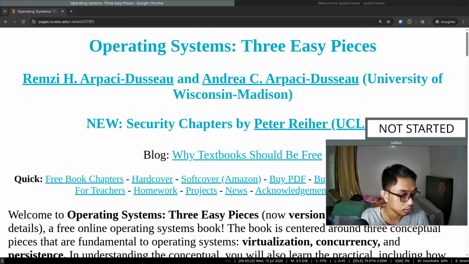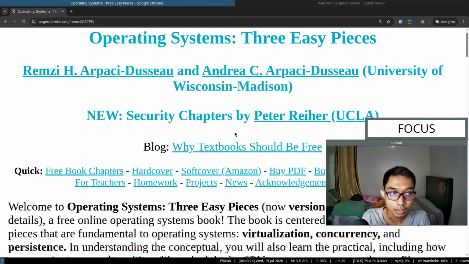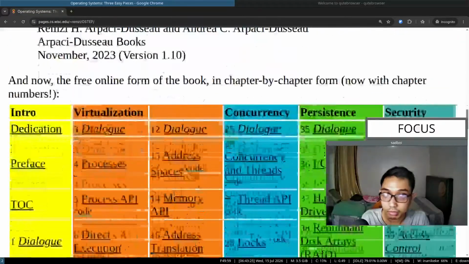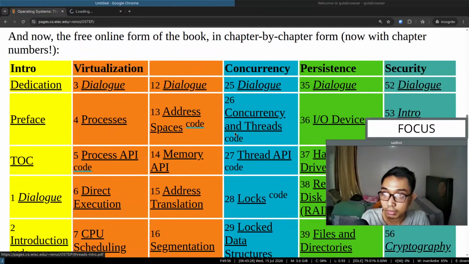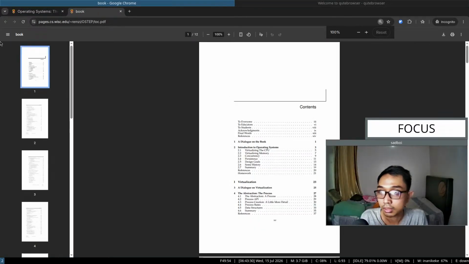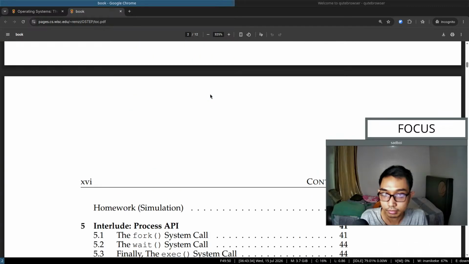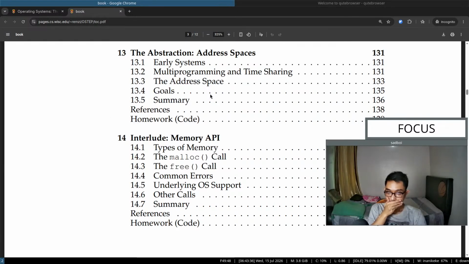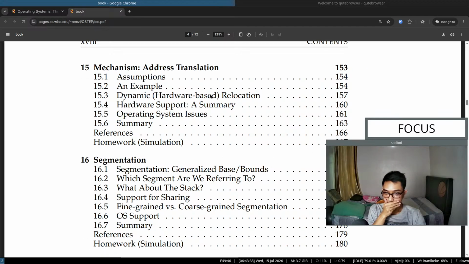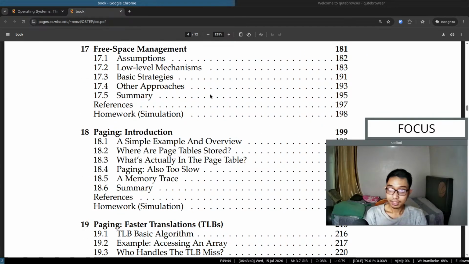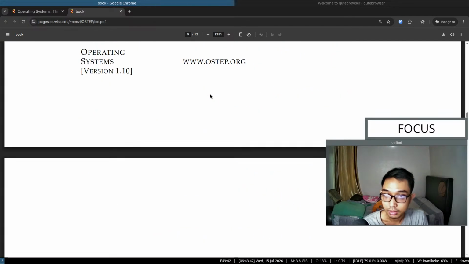Let's continue. Let me open the table of contents first.